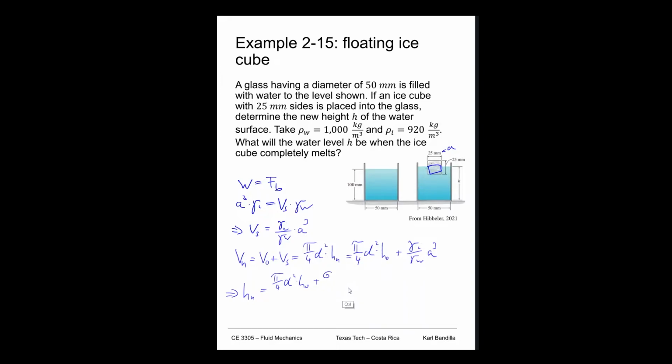I'm not sure why I keep on writing sigmas instead of rhos. Rho ice times g over rho water times g, A to the third, and all of this, of course, divided by pi over 4 times d squared.